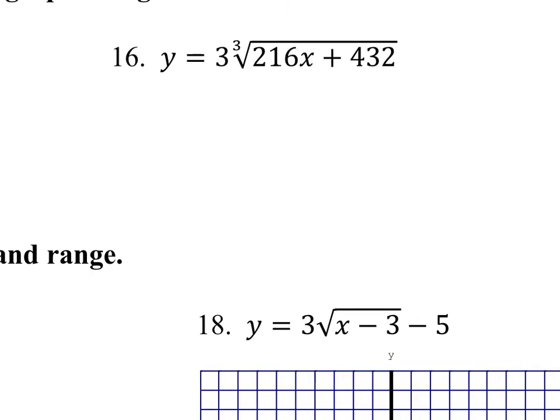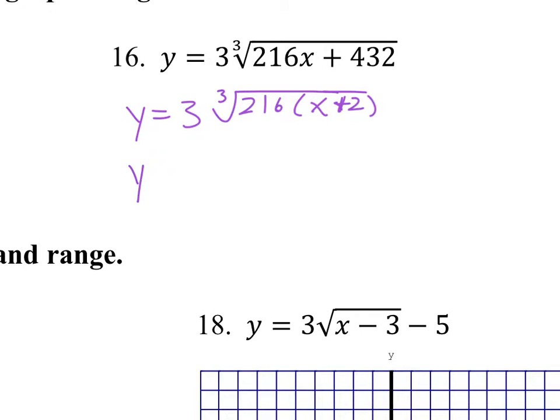Little different with the cube root, and the values that we're using are a little different. In this case, we've got that 3 out front as well. Again, like all of these, they're set up to work out perfectly. So we factor out that 216. In this case, it just leaves us behind an x plus 2. Cube root of 216 is 6.